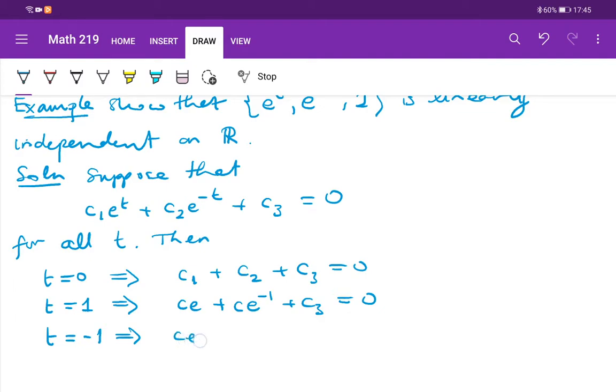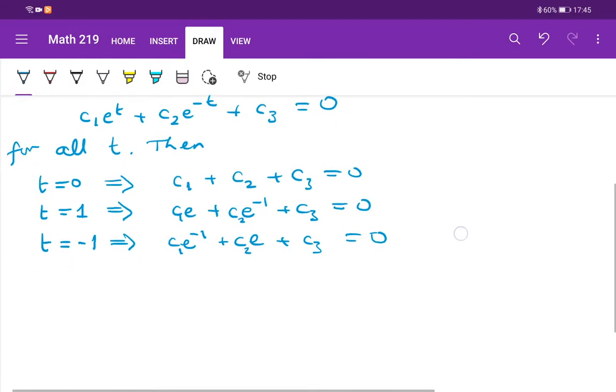So this is C1 e inverse plus C2 e plus C3 equals 0. Okay, so we have a system of 3 homogeneous equations. It's a homogeneous 3 by 3 system, and by now we know how to solve this.